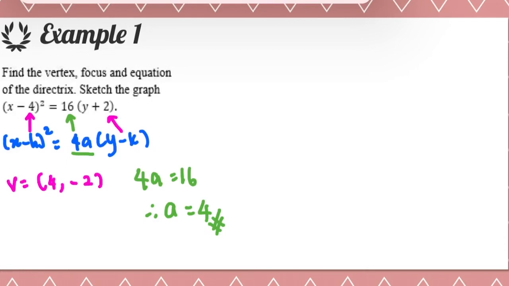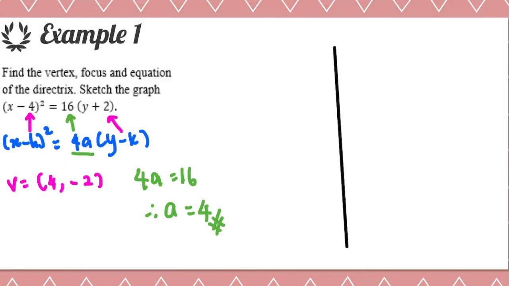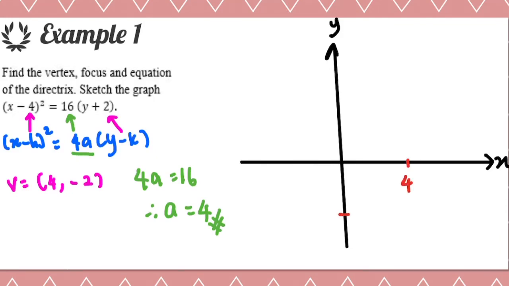Then, after we know the value of the vertex and a, let us straight away graph it. As usual, draw your axes first, the x-axis and also the y-axis. Then, let's put in our vertex, (4, -2).